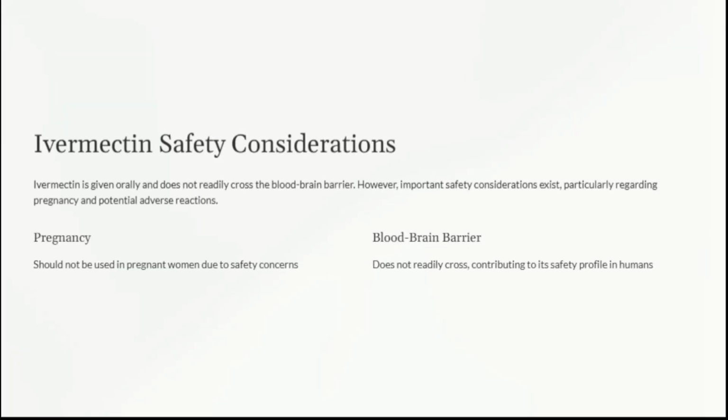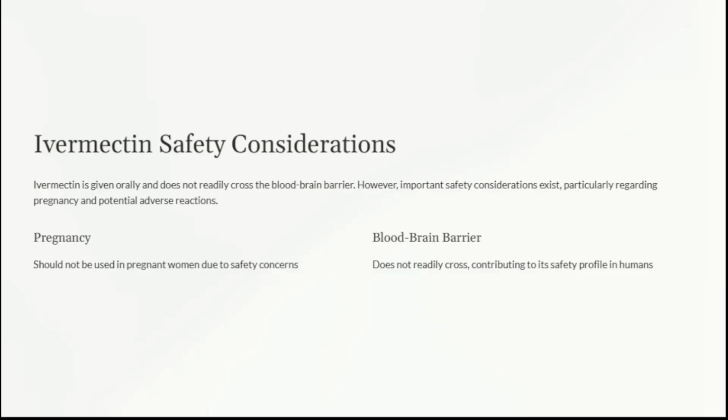However, when should it be considered with caution? It is generally safe at the recommended doses, once again because it doesn't cross the blood-brain barrier. The most common side effects are dizziness, fatigue, and transient itching or rash. It's avoided during pregnancy; it is in pregnancy category C, unless the infection is life-threatening, then obviously benefits outweigh the risks.